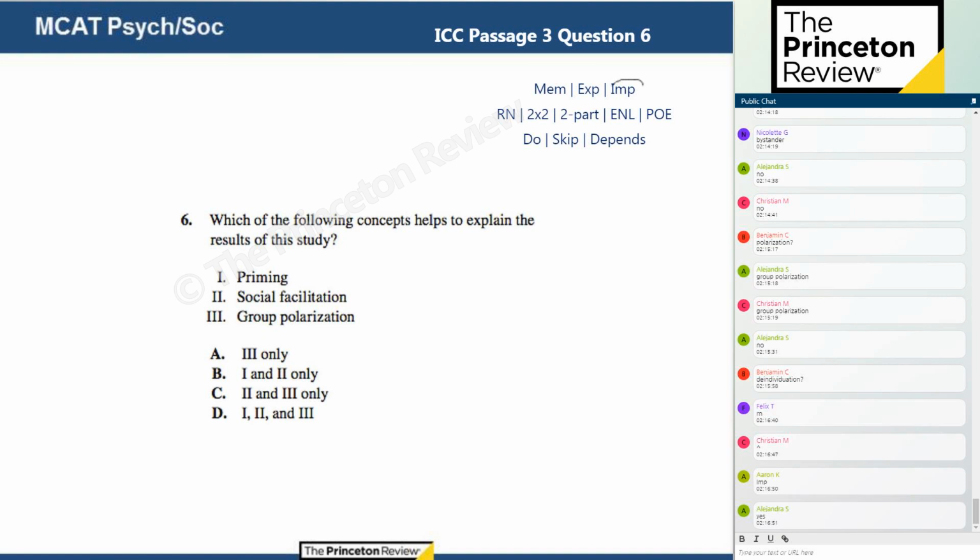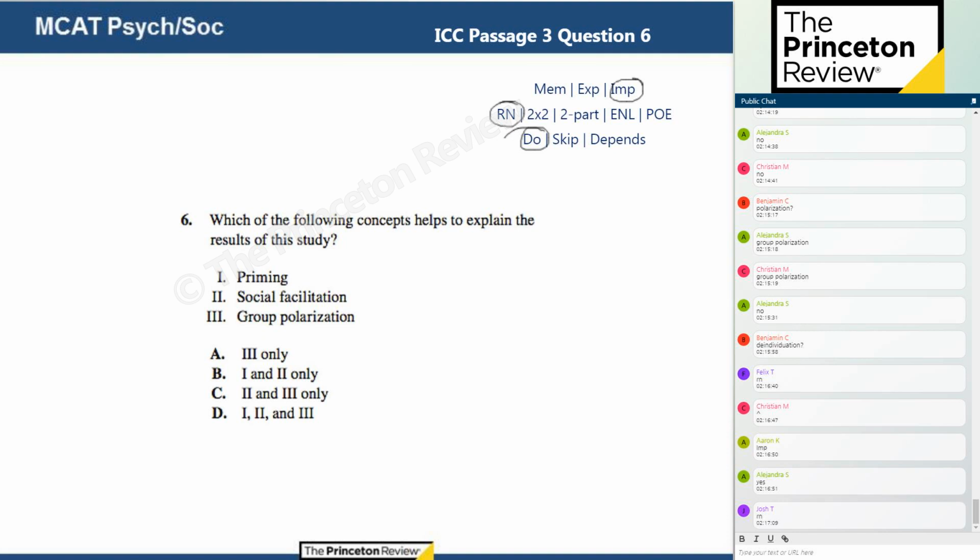This is an implicit question. It's asking us to make sense out of stuff. And what's our strategy? Yeah, Roman numeral. And since it's our last question, we're just going to go ahead and do it.